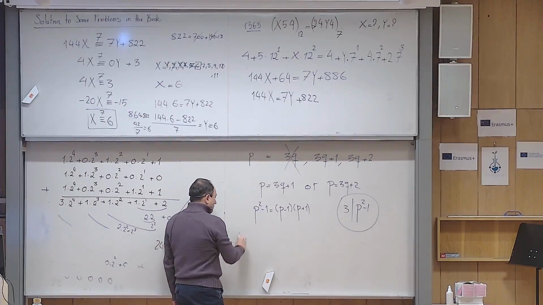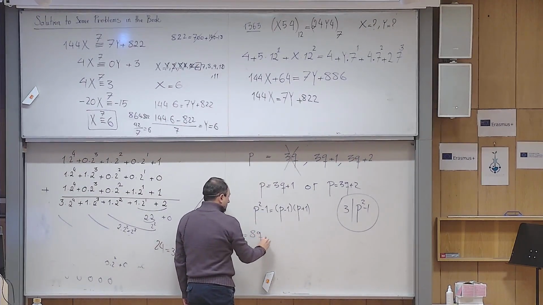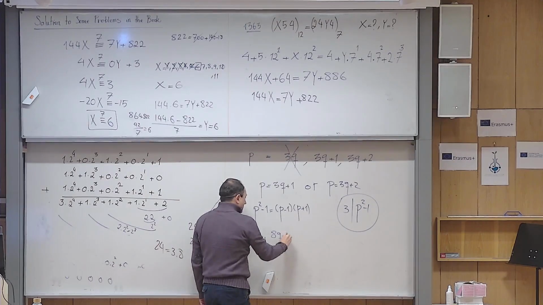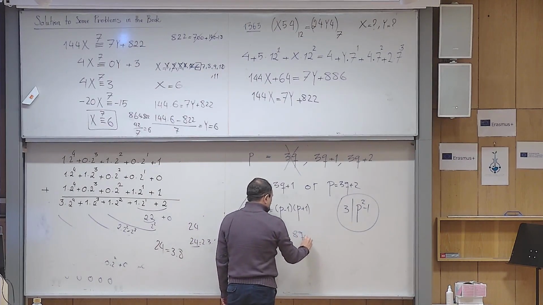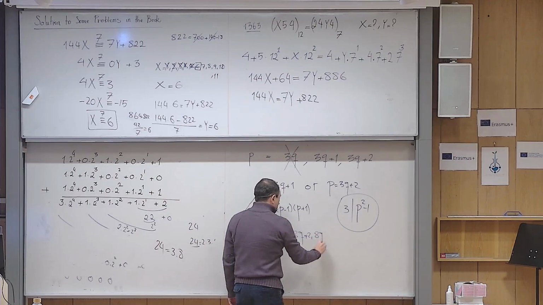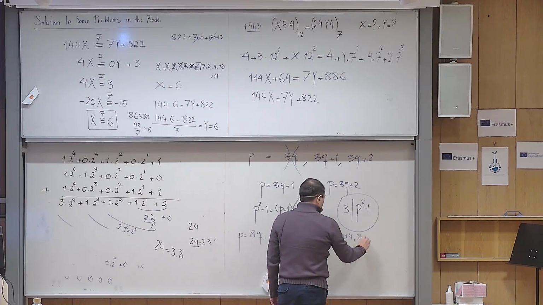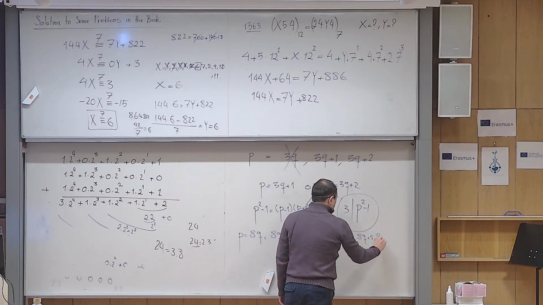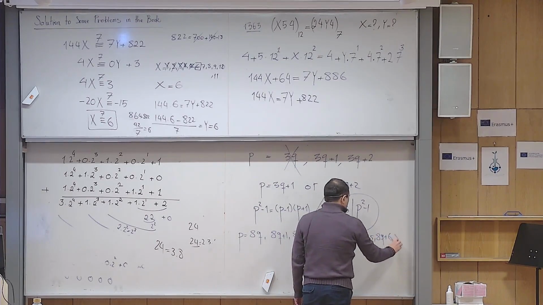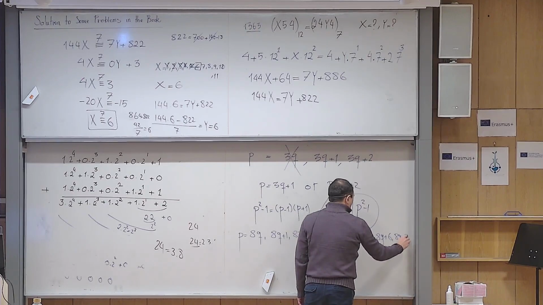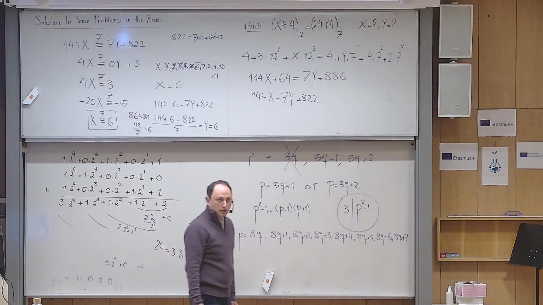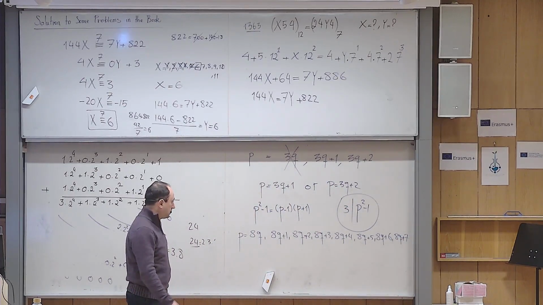So when I work with 8, I have 8Q, 8Q plus 1, 8Q plus 2, 8Q plus 3, 8Q plus 4, 8Q plus 5, 8Q plus 6, and finally 8Q plus 7. These are my only options, okay, for any natural number.